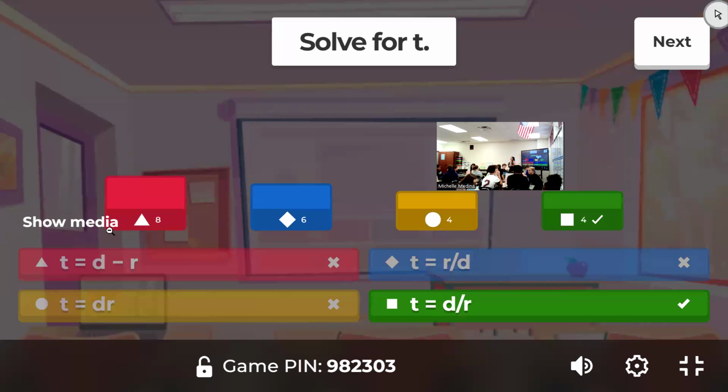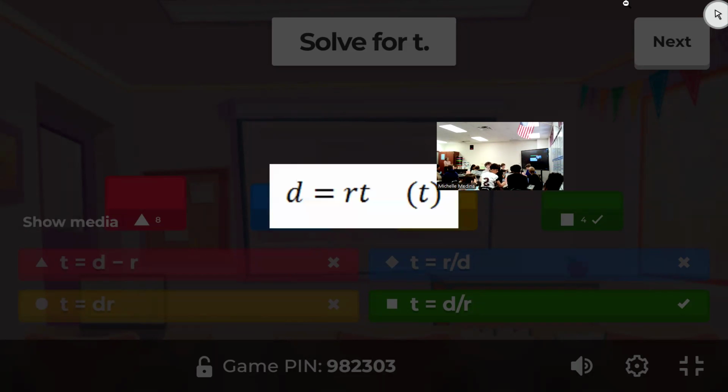Are you guys listening? This isn't for me. Really hard skill for clearly a lot of you. Only 4 of you got it right. So when we say solve for T, we want T to be alone on one side of the equal sign. You do that just like you would if they were numbers instead of letters.